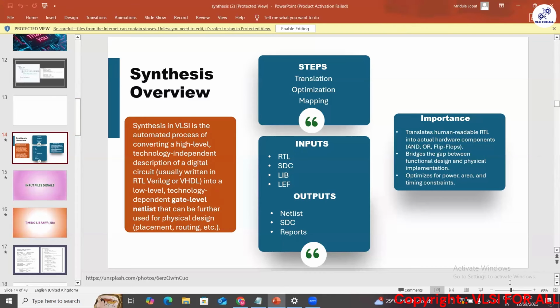A high level language is your Verilog code, written in either Verilog or VHDL. The way it is written, it does not have any technology related notion. The format is technology independent.